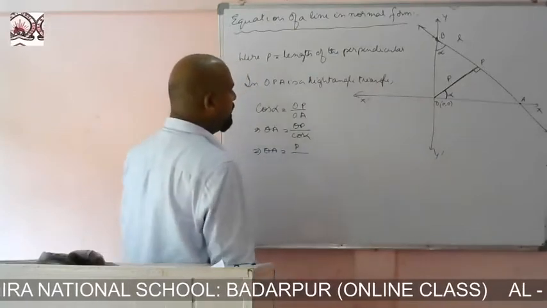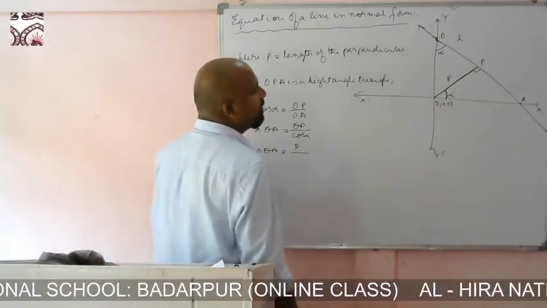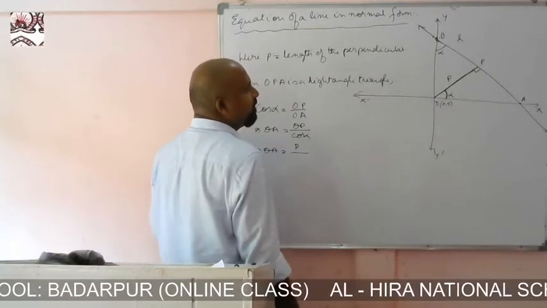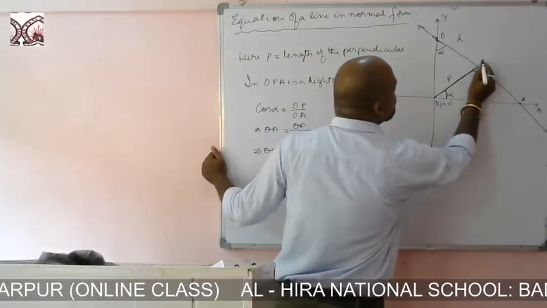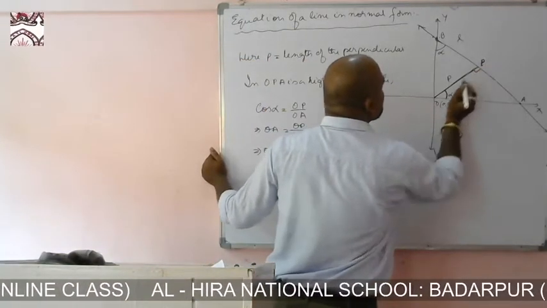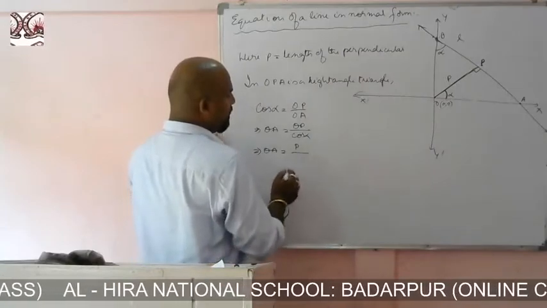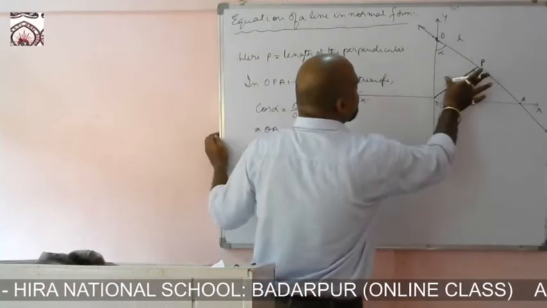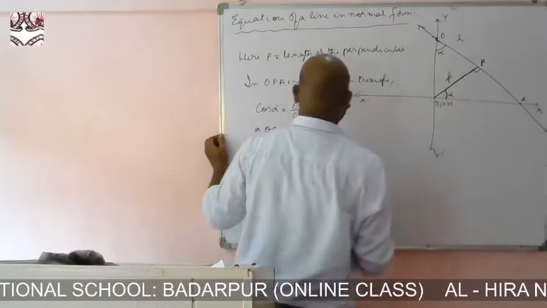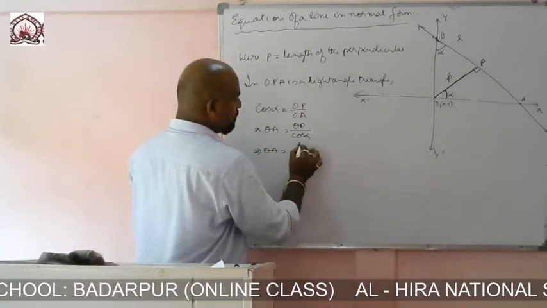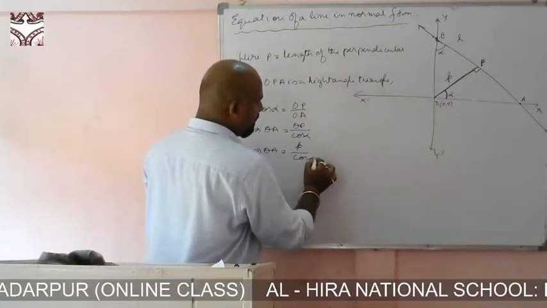Here the length is small p, so OA equals small p by cos of the angle alpha.